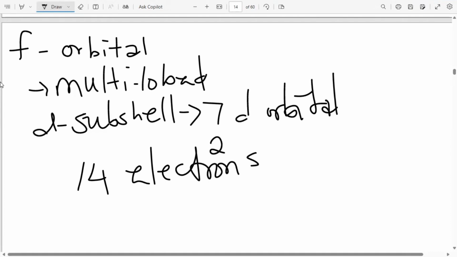So these are massive orbitals that can carry a maximum of 14 electrons in the f subshell.